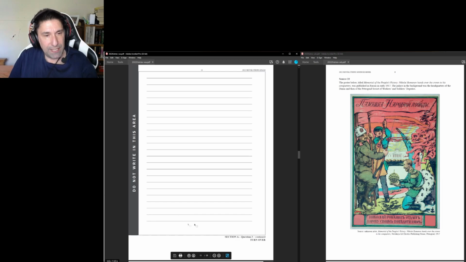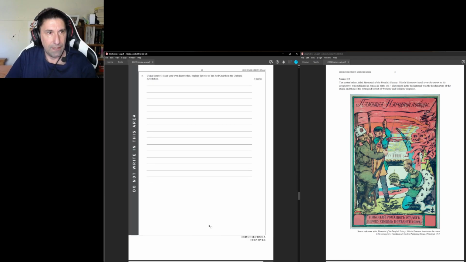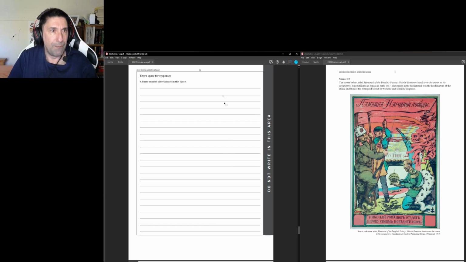But if you've written to here, and you still want to write more, you want to write another paragraph or something, you can put a little note down here, see end of the exam booklet, something along those lines, and then you can go to the end of the exam writing booklet, and there's actually space for you to write more. Let's go through very, very quickly. Let's have a look, and there we are, extra spaces for responses, okay?